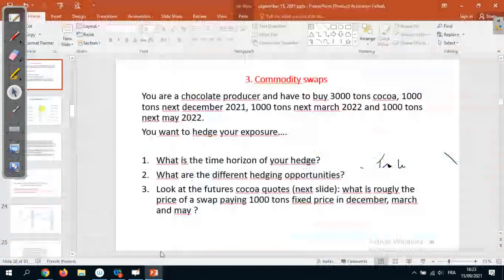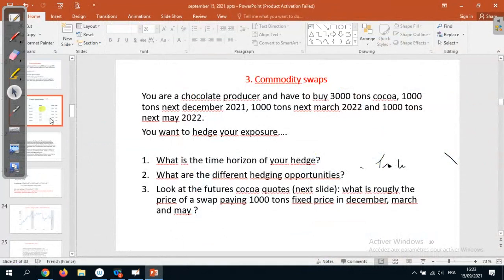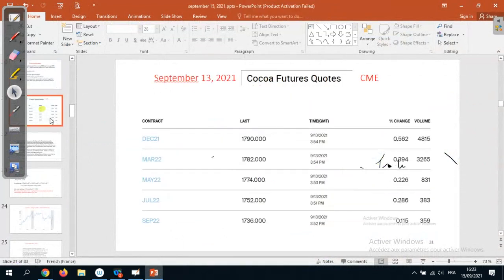Look at the futures quote. Okay, what can you do for hedging? You can buy futures and lock in a price of 1,790 for December, 1,782 for March, and for May, you lock in a price of 1,074.